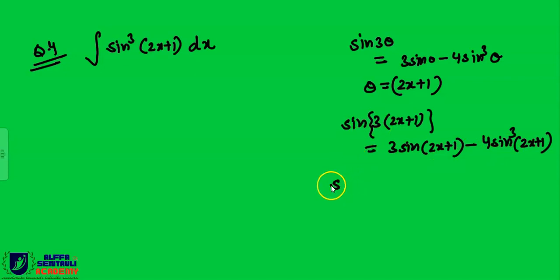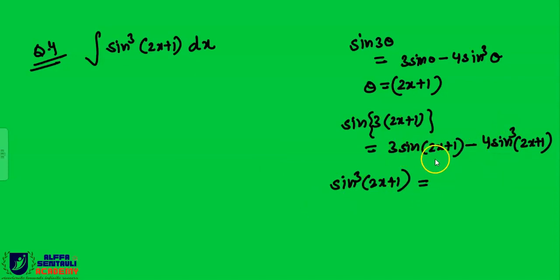So let us write this sin³(2x plus 1). How will we write it, beta? Let us bring this term to this side and this term to that side, and then divide by 4.